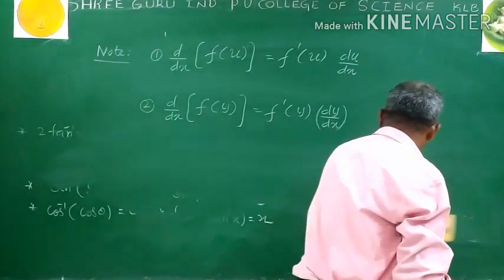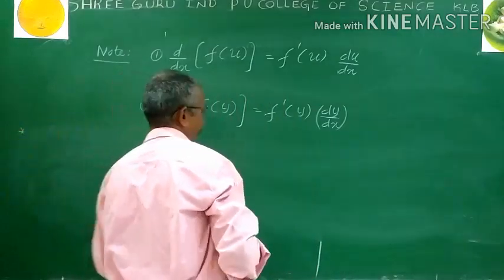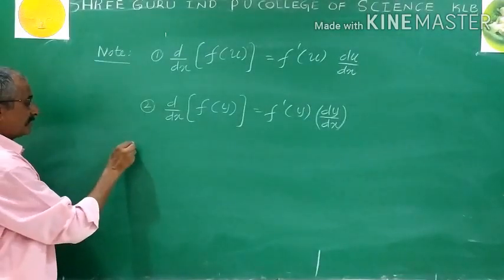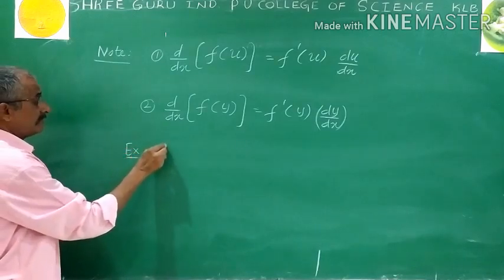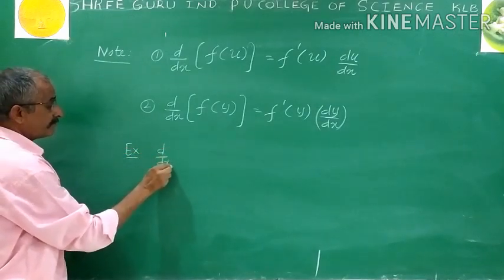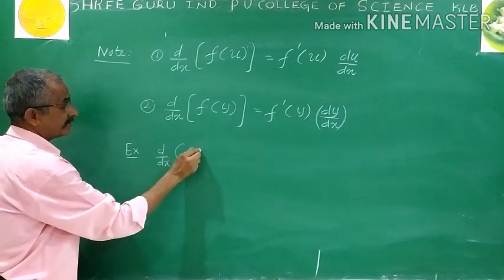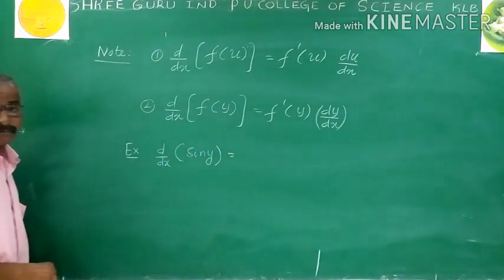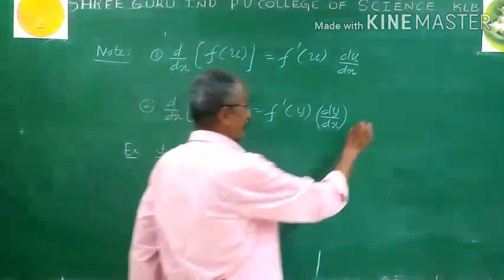You write, for example, d by dx of sin y, where y is understandably a function of x.